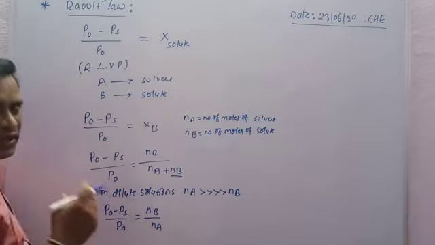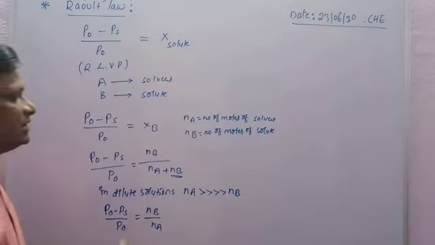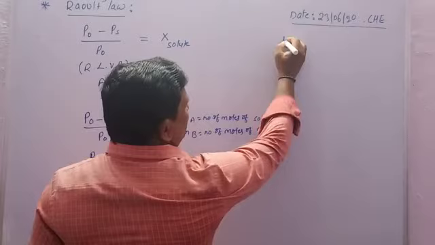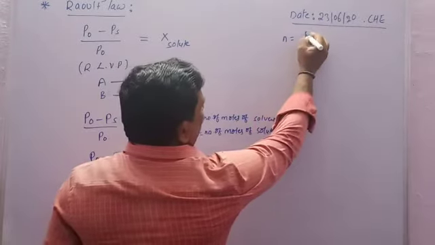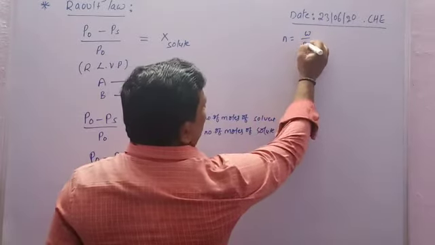Generally, how do we calculate the number of moles? The number of moles n equals weight by molecular weight.